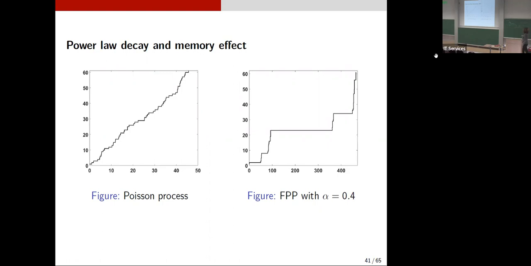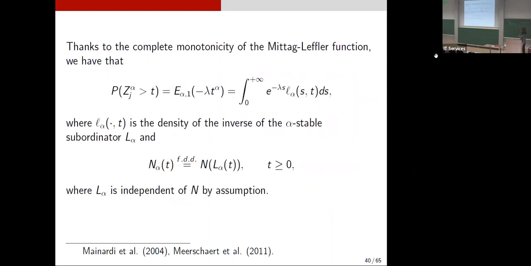I've chosen this particular value because it's quite far from the standard case, which is given for alpha equal to 1. And then it is quite easy to see that the behavior of the trajectory is very different because, as I said before, the process is in this case equal in distribution to a standard Poisson process, but with a different, random time argument.